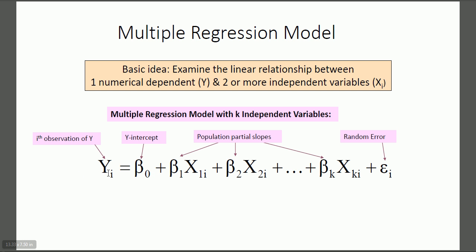Beta 0 is the intercept, the same intercept as in simple linear regression. Now instead of just having one slope, beta 1, we have a separate slope for each of the x variables: one for x1, one for x2, one for x3, one for x4, one for xk, however many you have. These are often called partial slopes.